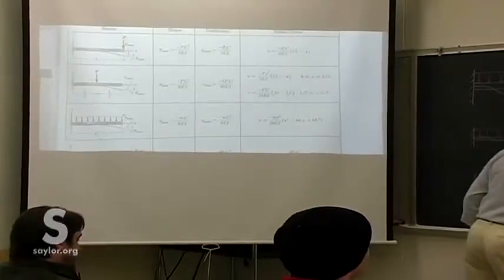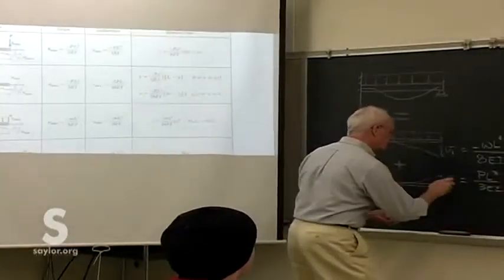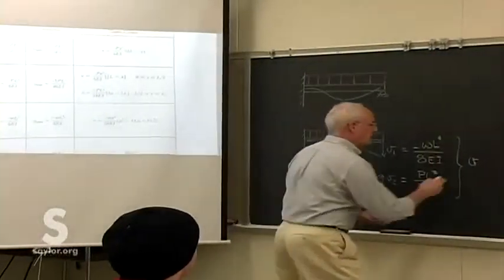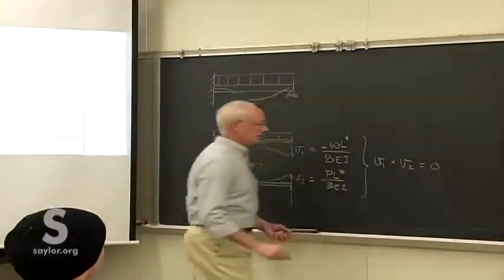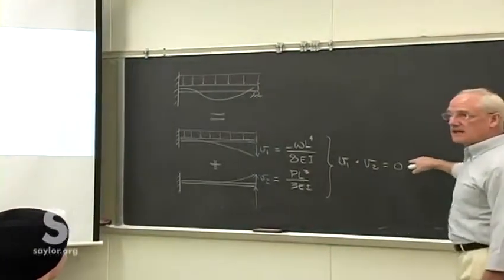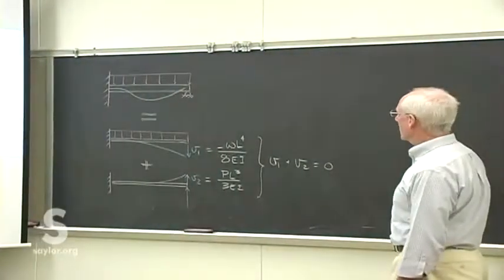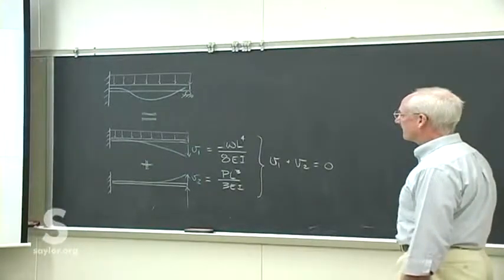And then we're saying that, maybe I'll call this a 2 here, would make more sense. We're saying that V1 plus V2 equals 0. That, as simple as it is, is the extra equation we need to solve the original problem.